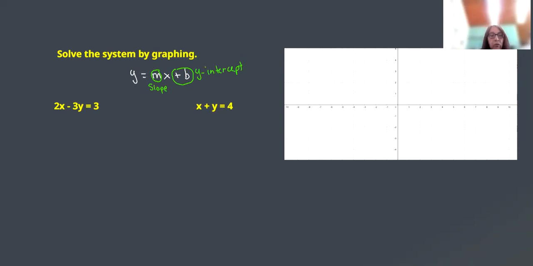So I have 2x minus 3y equals 3. I don't want 2x minus 3y. We're going to take that positive 2x and move it to the other side by subtracting it. Whatever we do to one side of the equation, separated by the equal sign, we do to the other side.